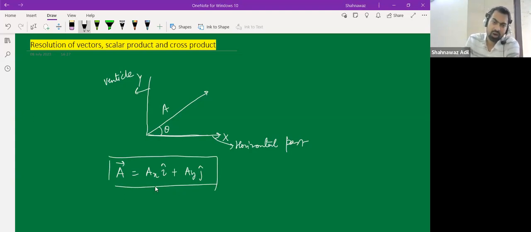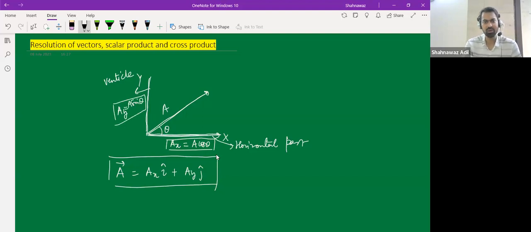Now we can resolve this vector A into the horizontal part, which is ax, and the vertical part, which is ay. You already have learned that ax would be A cos theta, and the vertical component, ay, is A sin theta.